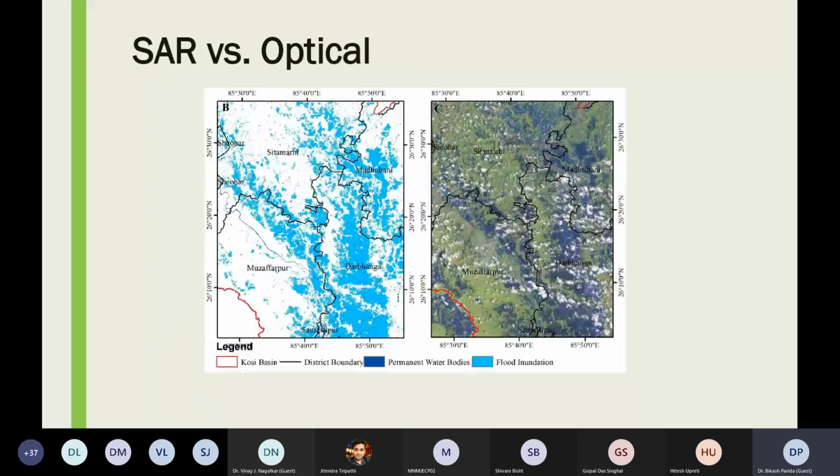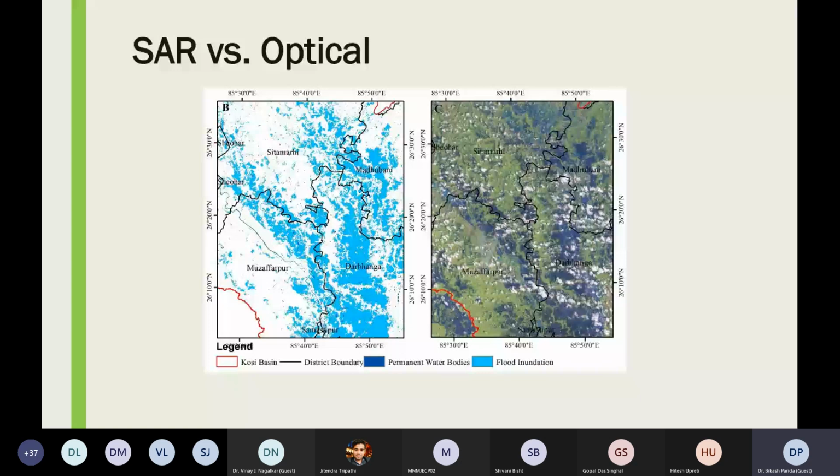And then if you compare with the optical, on the left side is the SAR derived flood map. We have the different flood pixels. You see many districts, like Muzaffarpur, Darbhanga, most of the areas are flooded. The same area, if you look using the optical, the data is all cloud pixels, as you can see here.